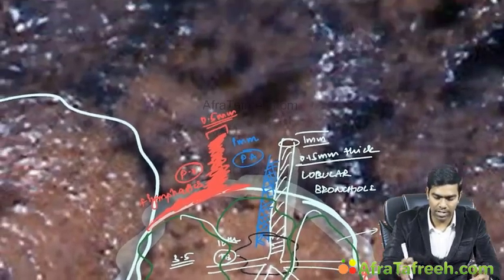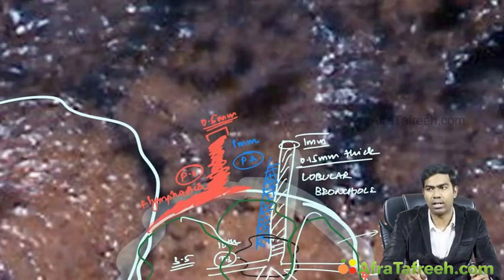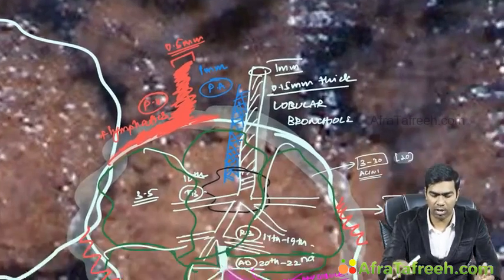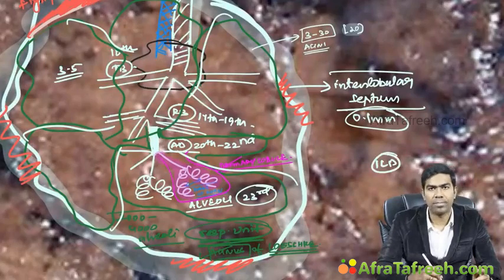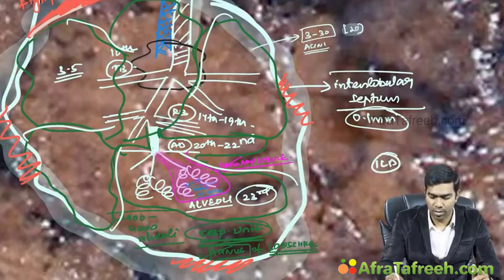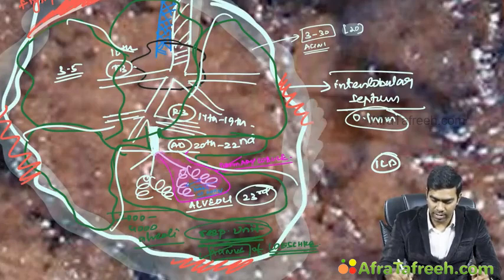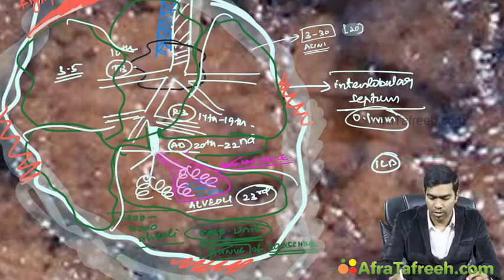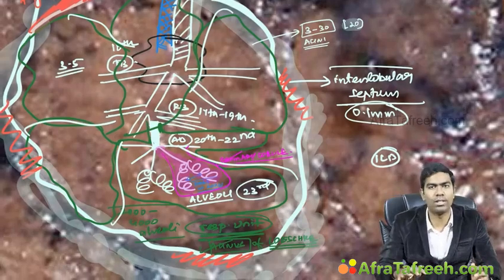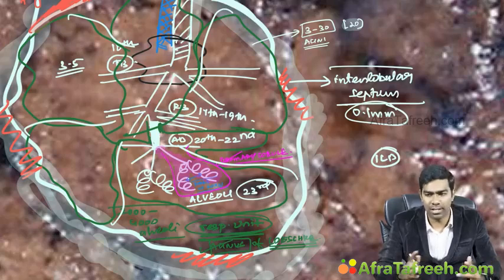What is the functional significance of these pulmonary veins and this interlobular septum? If you take a disease like ILD or idiopathic pulmonary fibrosis, the first thing to get thickened is this interlobular septum. This interlobular septum thickening is the reason why you get the honeycombing appearance and the reticular density.